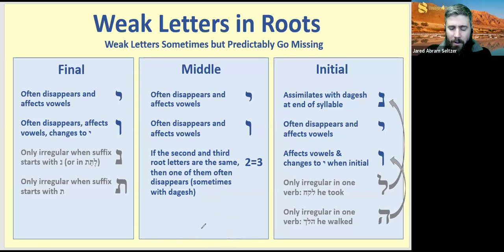Now, the tricky thing about nifal verbs is that if you have a guttural, the noon will still disappear, which is not something you would have expected, but it's basically a convention that Hebrew speakers simply fell into.